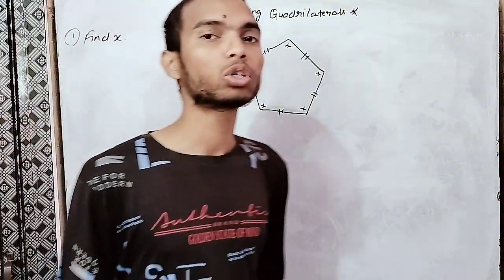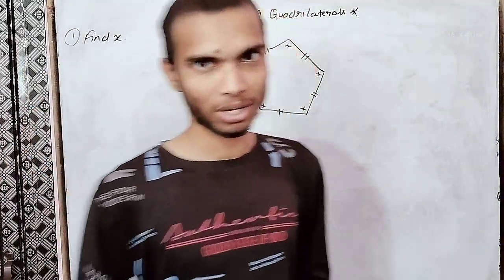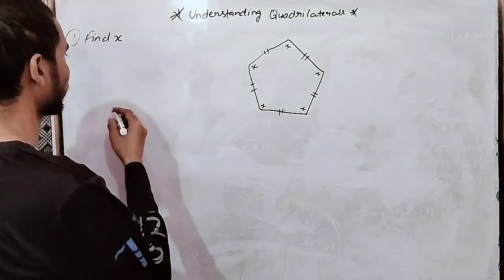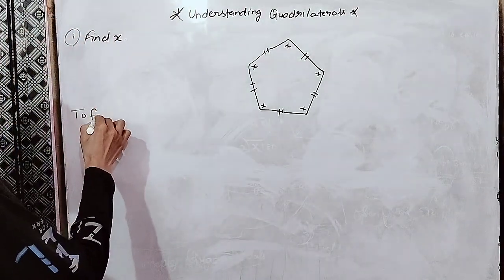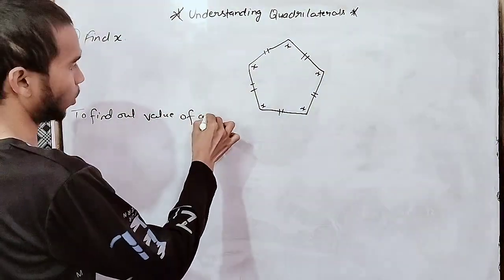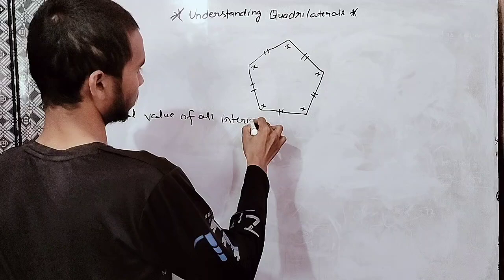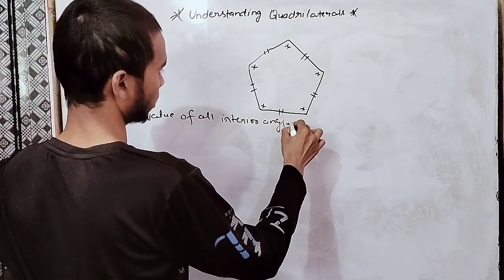To find the value of all interior angles, we apply (n minus 2) times 180. This is the formula to find all interior angles.